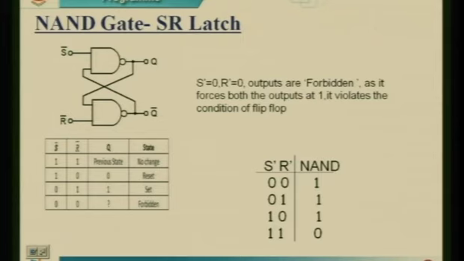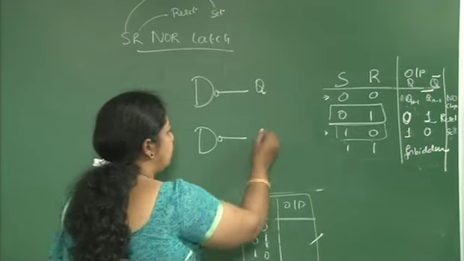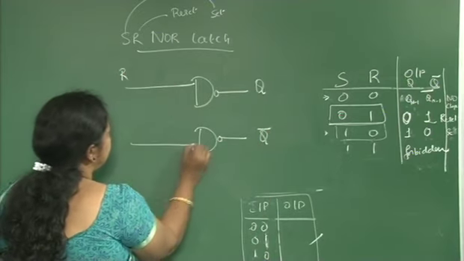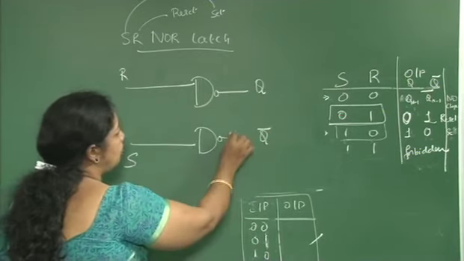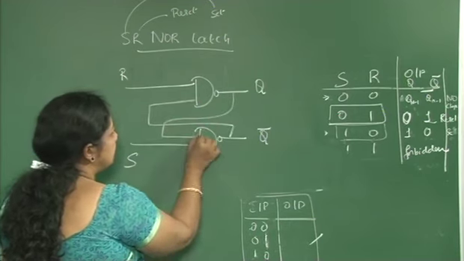Similarly, I can build this SR latch using NAND gates. So we have the upper NAND gate, lower NAND gate, output Q, complement of Q, input R, input S. The output of the second gate is connected to the input of the first gate, and similarly the other way.